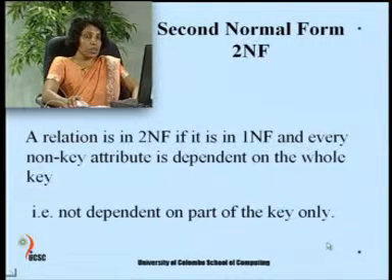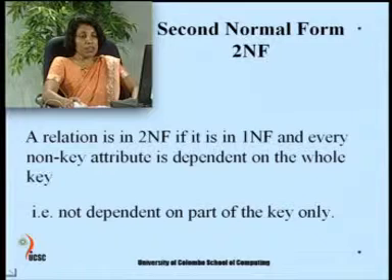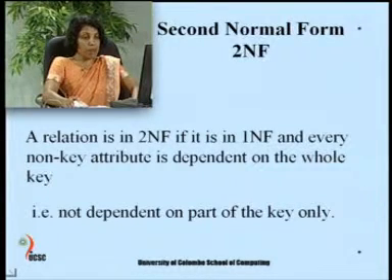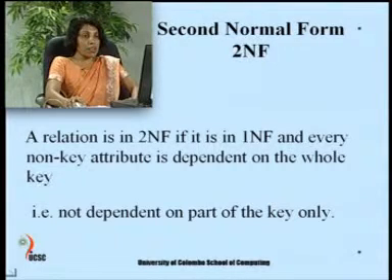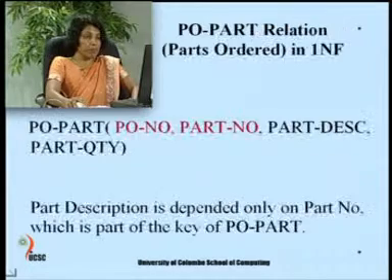Which means all the non-key attributes do not depend on part of the primary key. All the non-key attributes should depend on the whole key. So, that is the concept of second normal form.